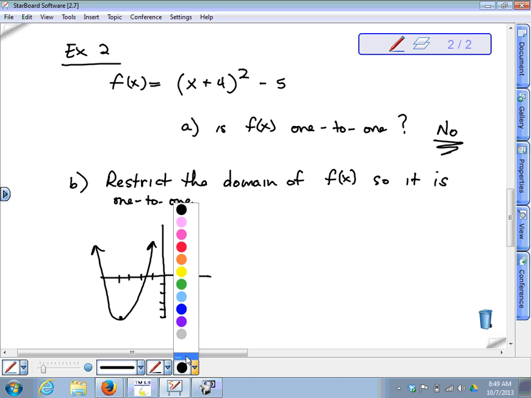What if we were only to consider the right half of the parabola? If the black half of that were gone, wouldn't the right half represent a function that is one-to-one? So how do we restrict the domain to include only the right half of that parabola?